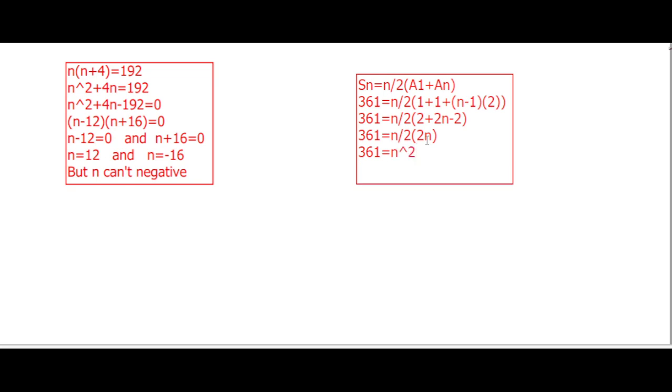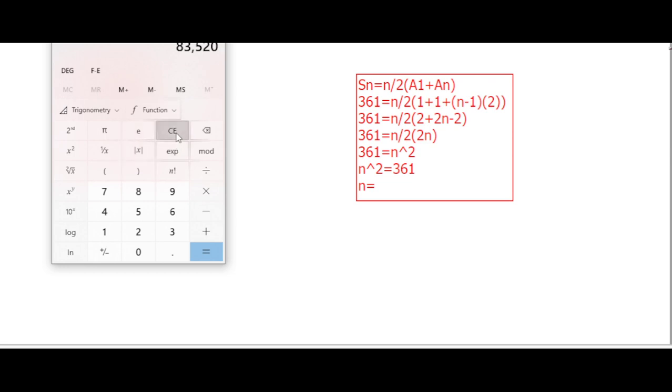Now let's rewrite it like this. n square is equal to 361. Let's take the square root of both sides. So n is equal to the square root of 361. Let's calculate it here. The square root of 361 is 19. So the n value will be 19.